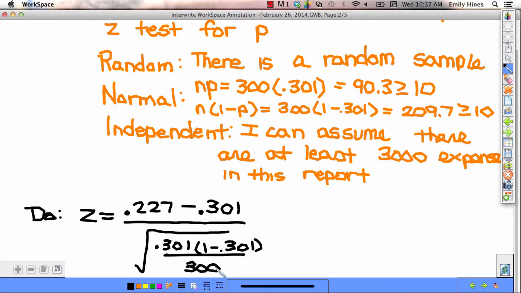So basically this is telling us how far away from the true proportion the proportion that we have is, in terms of standard deviations.